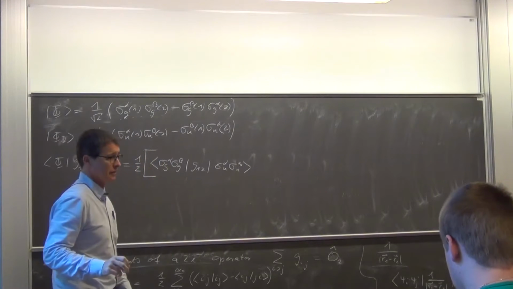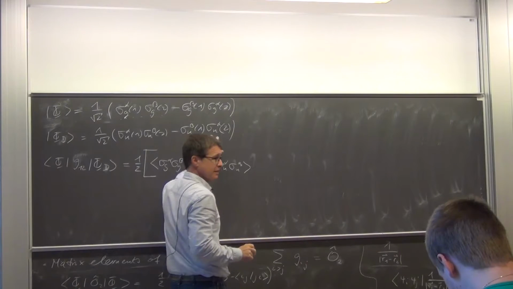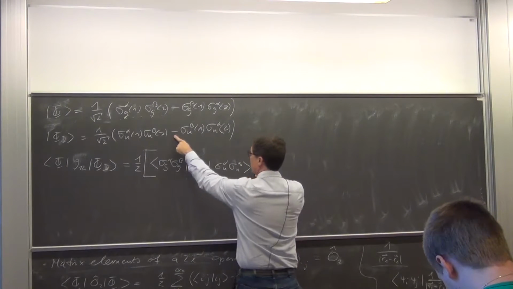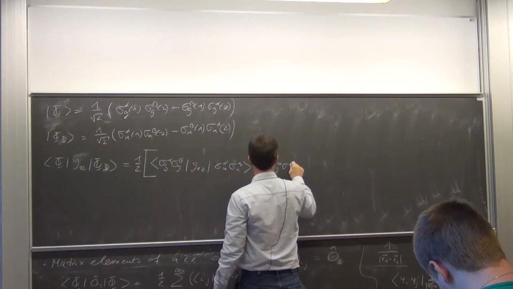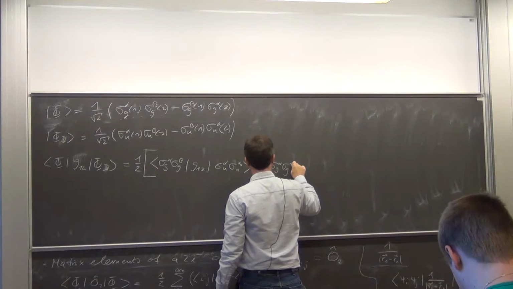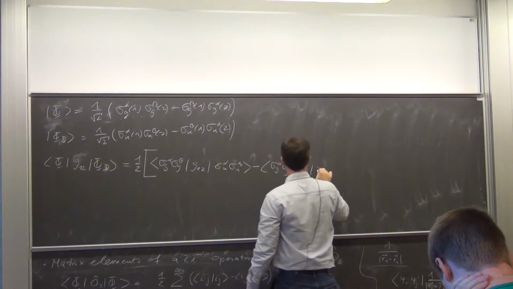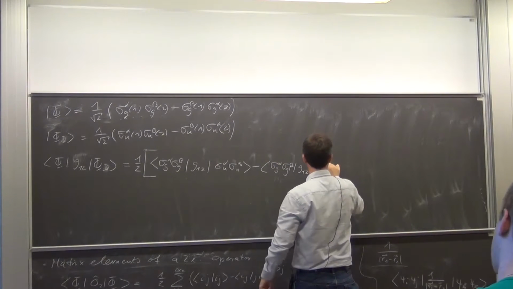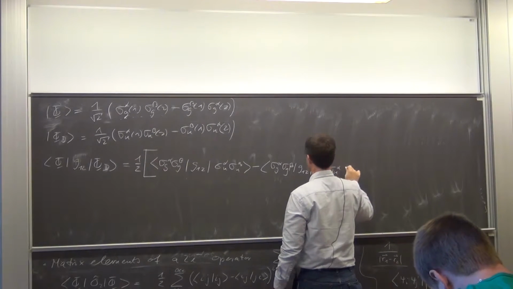That was the first integral. Now let's take this with that, and there's a minus sign. Minus sigma g alpha, sigma g beta, G12, sigma u beta, sigma u alpha.